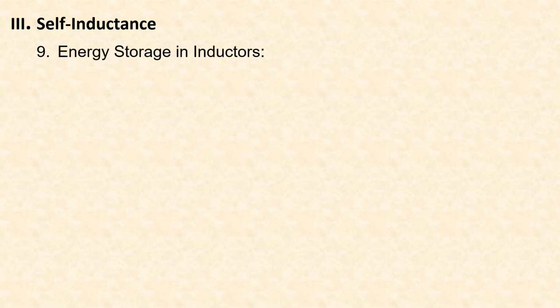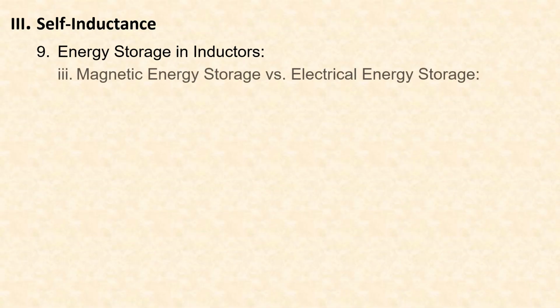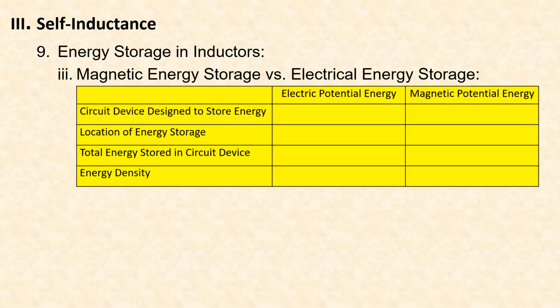And lastly, we'll make a comparison between magnetic energy storage and electrical energy storage in electromagnetic systems. So when we take a look at the circuit devices designed to store the energy, in the case of electric potential energy, that electronic device is the capacitor, whereas we have just been saying in this presentation that the inductor becomes the electronic device used to store magnetic potential energy.